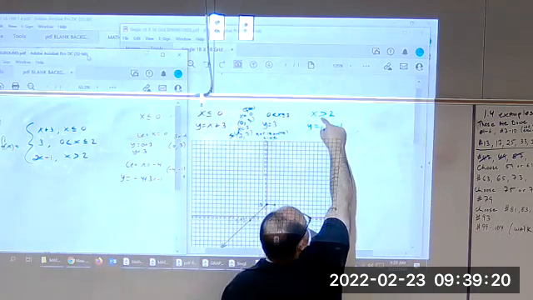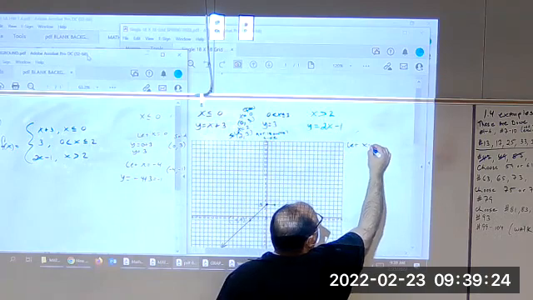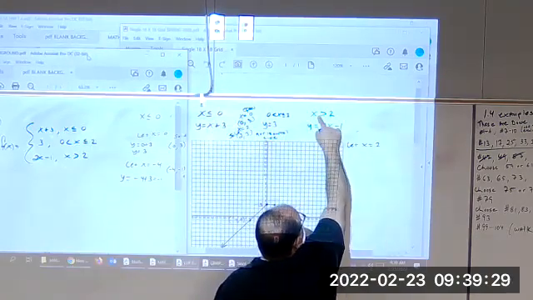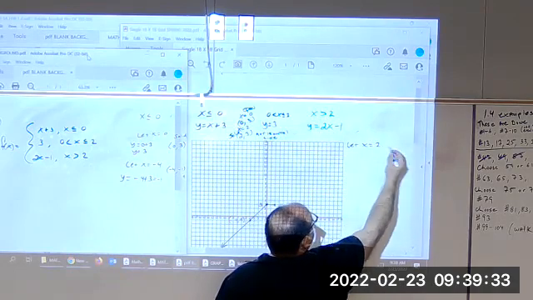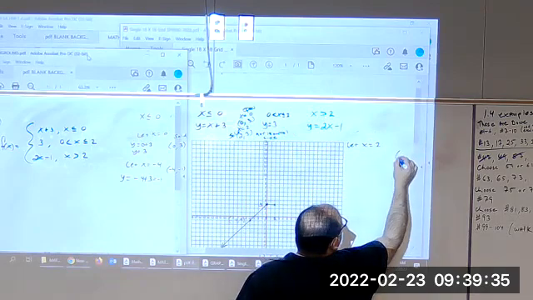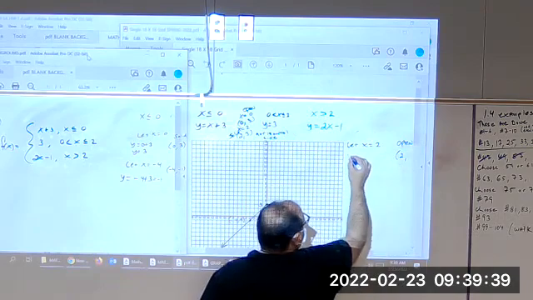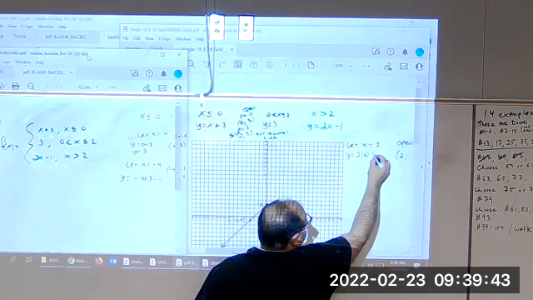For all the x's greater than 2, the first number you're going to plug in is 2. You always start with that cutoff number. Because there's no equals for the house on the right, when you plug in the 2, it's going to be an open point. y equals 2 times 2 minus 1.